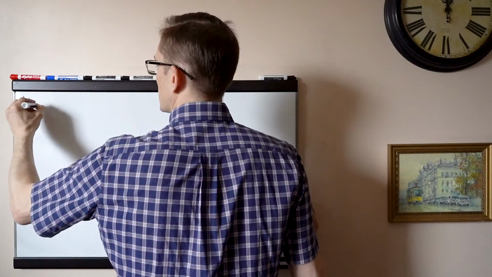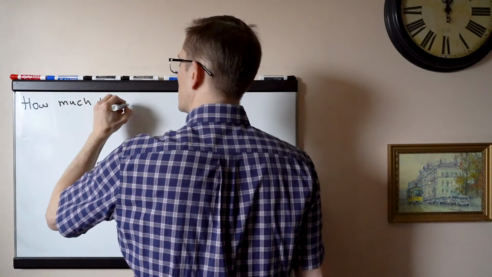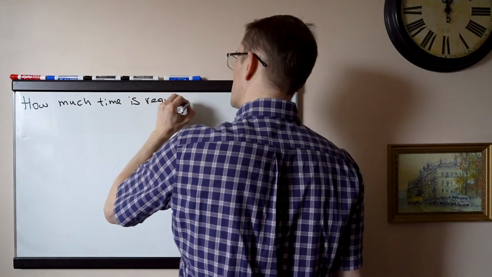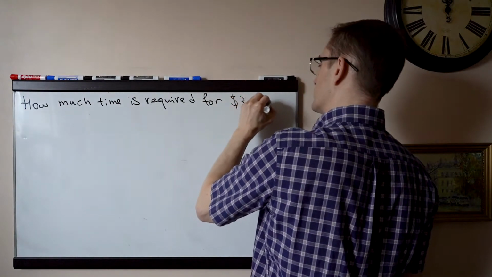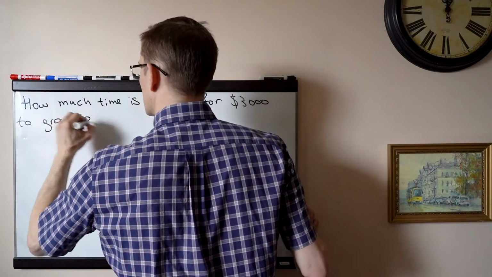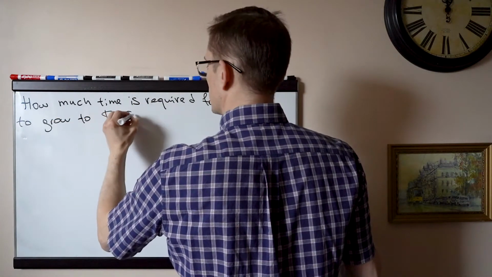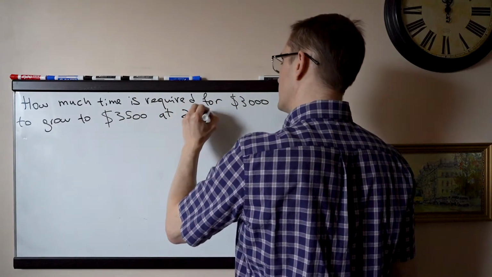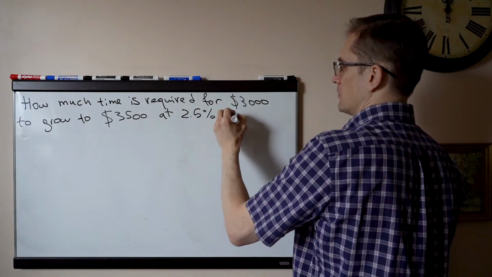So let's write it. How much time is required for $3,000 to grow to $3,500 at 2.5% compounded monthly?